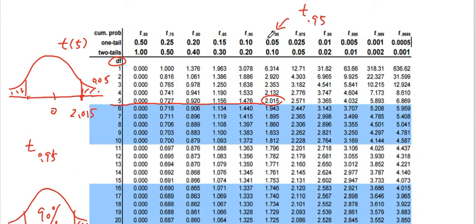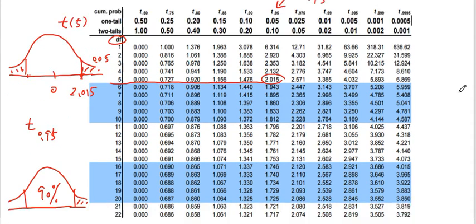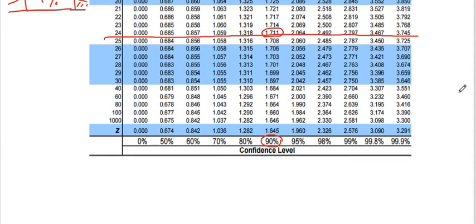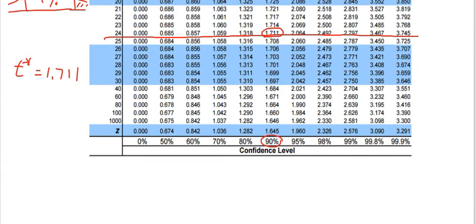The cumulative is 0.95. So all those four things are actually the same, right? But anyway, we get this T star. So in this case, the cutoff point T star equals 1.711.